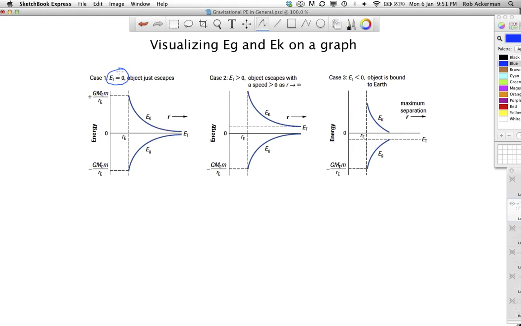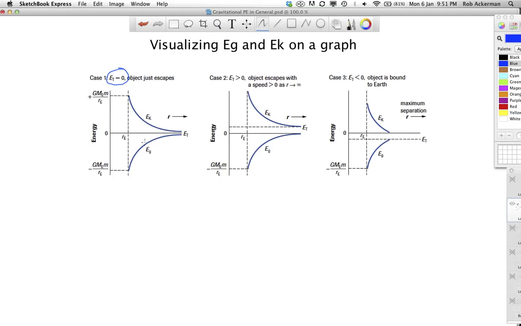In the special case of an object having just the right speed to just barely escape, the total energy is 0, so these two graphs must add to 0, which means they're going to be a mirror reflection of one another in the r-axis, and they will be centered on the r-axis.